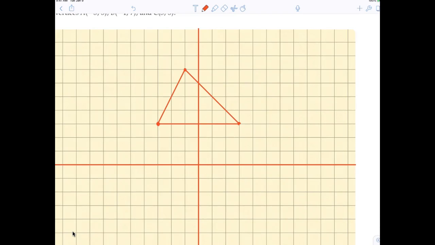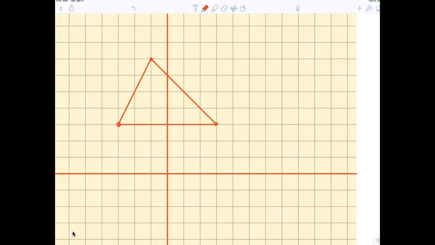Now, here we go, guys. Try to pay attention because I'm going to try to find it. The first thing I want to do is the centroid has to do with the midpoint. So I'm going to look at the bottom side. Why am I choosing that one? Because that's the easiest one to find the midpoint on.